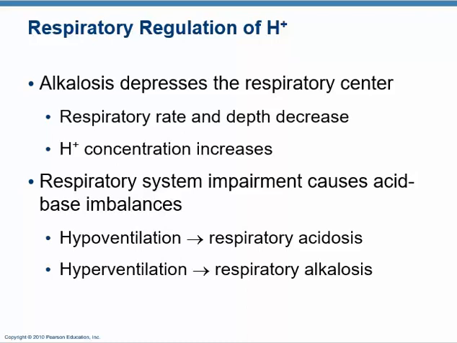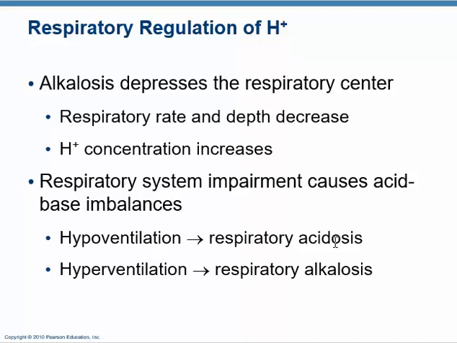If you're slightly alkaline, it depresses the respiratory centers and you get apnea, and the hydrogen ion concentration goes up. Now, if you hypoventilate for any reason, like say you have asthma or COPD or something like that, not enough ventilation, you end up with respiratory acidosis.